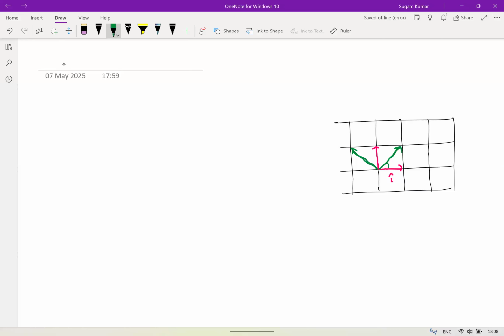Let us say now the I cap goes here and the J cap is here. So what is the physical task here? You are rotating the space in the anti-clockwise direction by angle theta.